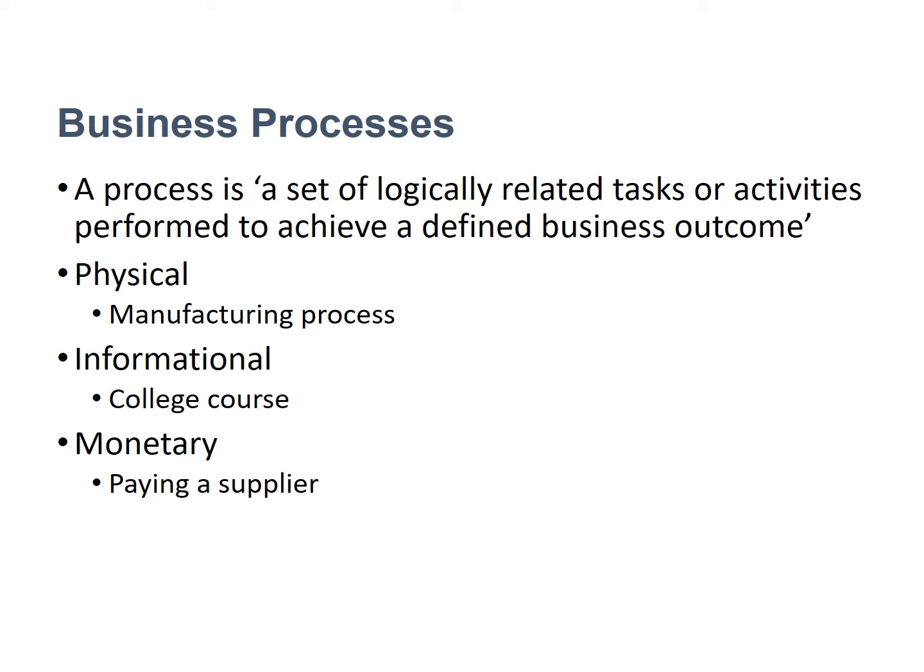Business process. A process is a set of logically related tasks or activities performed to achieve a defined business outcome. Examples are physical, such as a manufacturing process, informational, such as a college course, and monetary, such as paying a supplier. Different processes happen throughout different parts of the business.